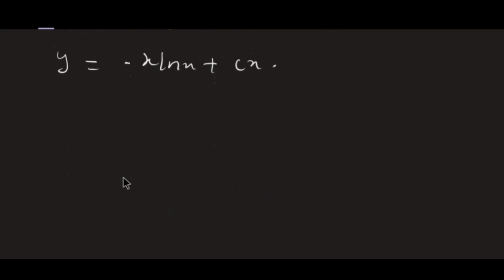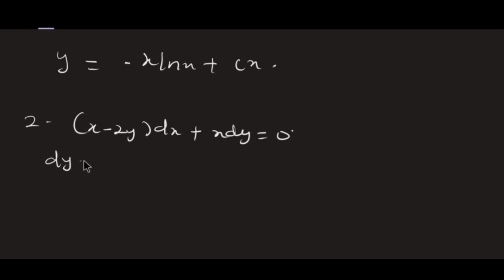Let me show you the second example. So example 2. I have (x minus 2y) dx plus x dy equals 0. Once you have this, the first thing to do is to make your substitution. dy is equal to v dx plus x dv.